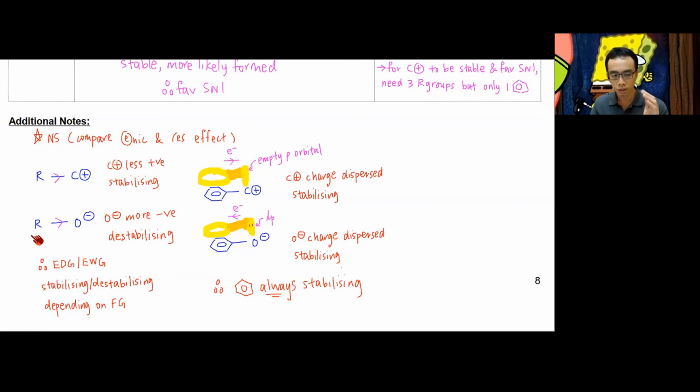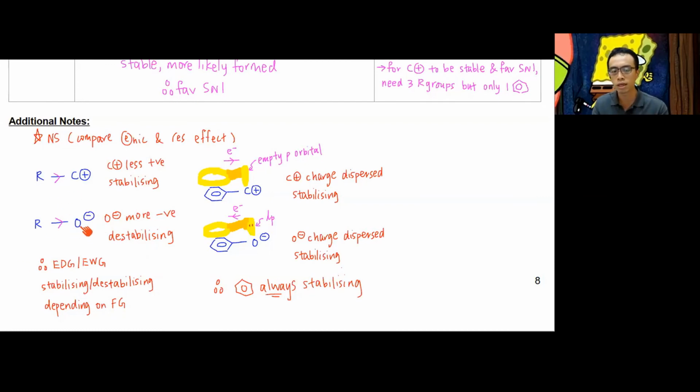You notice the same electron donating R group will stabilize positive species, and it will destabilize negative species, depending on the charge that it is attached to. Of course, withdrawing group will be the other way around. Withdrawing groups will destabilize positive species and stabilize negative species, but the idea is a normal donating and withdrawing group cannot stabilize all the charges that it is attached to.